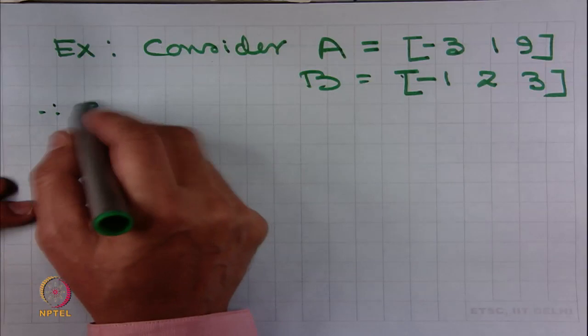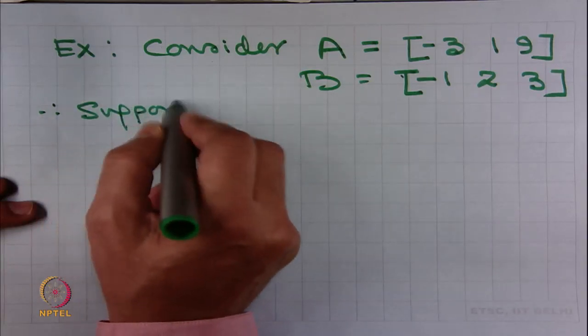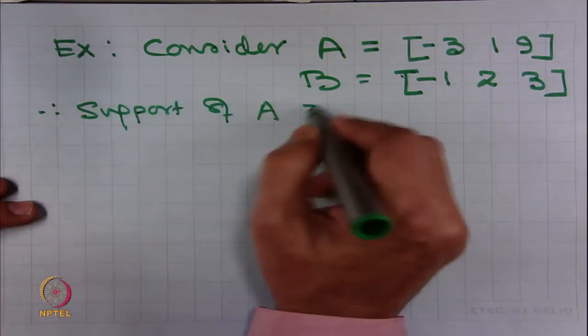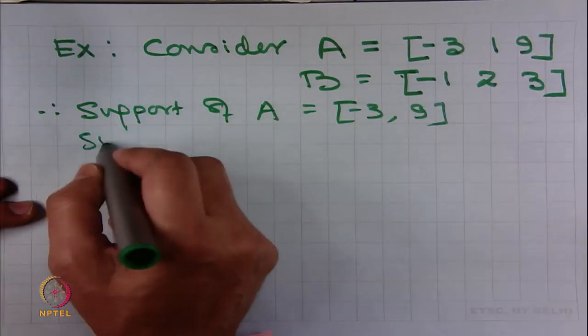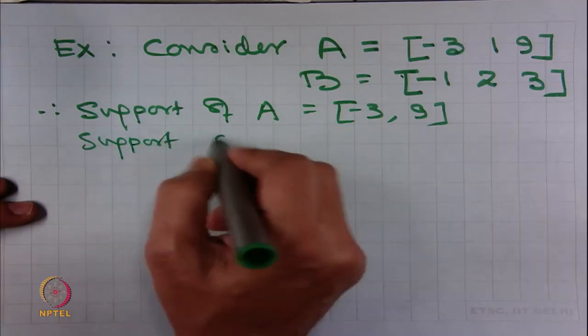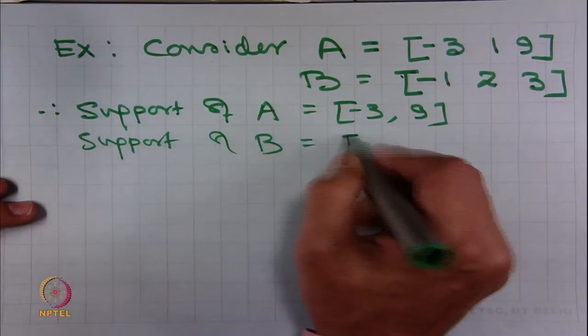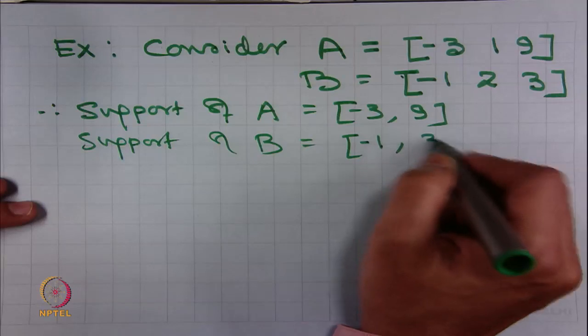Therefore, support of A is equal to minus 3 comma 9, support of B is equal to minus 1 comma 3.